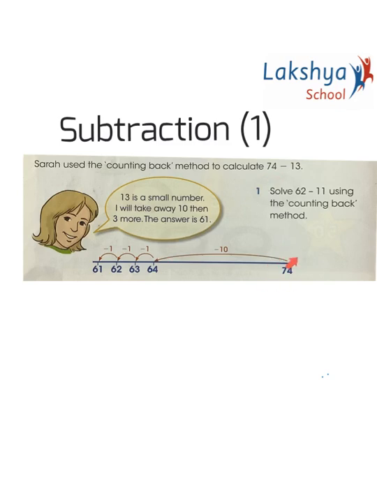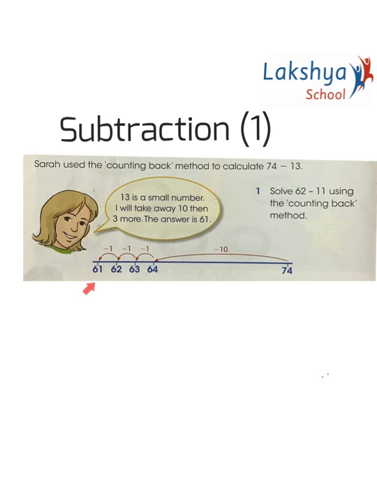I start from 74, the bigger number, and take away 10 from it, giving me 64. And then I need to take away 3 more. So I keep taking away one at a time 3 times to give me 61. So 74 minus 13 is 61.